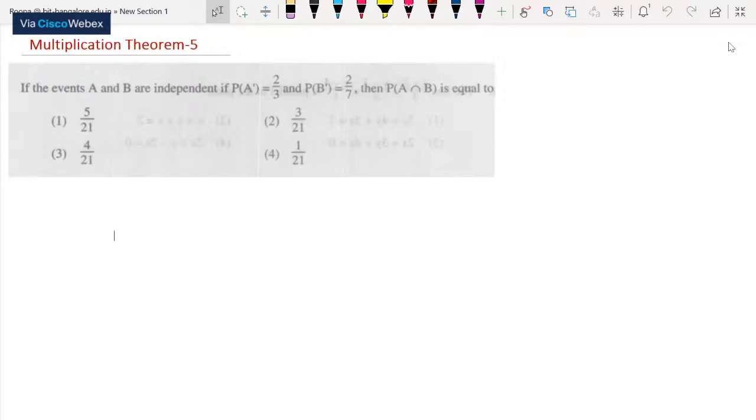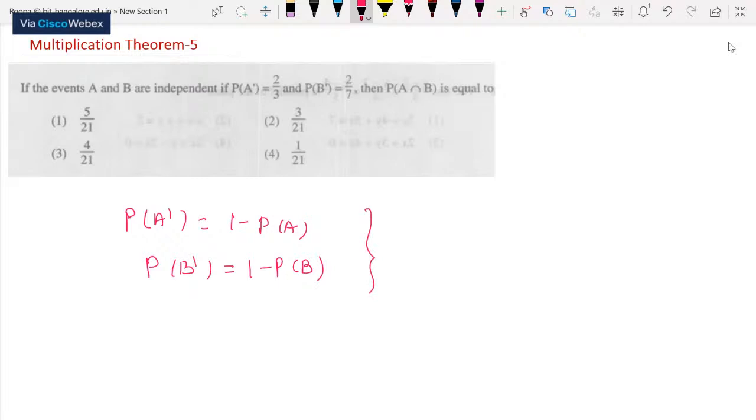They give the probability of A complement as 2/3 and the probability of B complement as 2/7. They ask to find the probability of A intersection B. First you find P of A and P of B from the complements. The probability of A complement is nothing but 1 minus P of A, and the probability of B complement is nothing but 1 minus the probability of B.